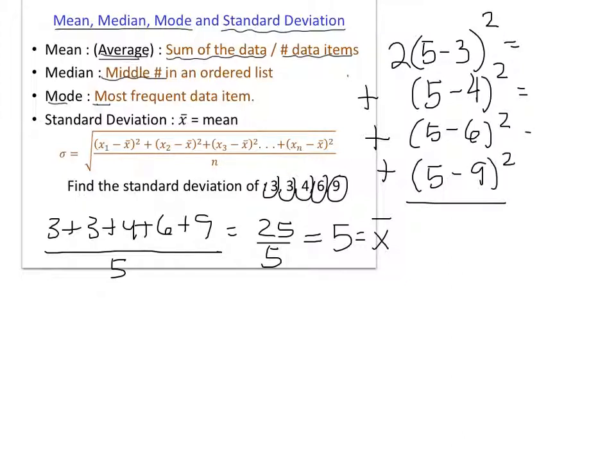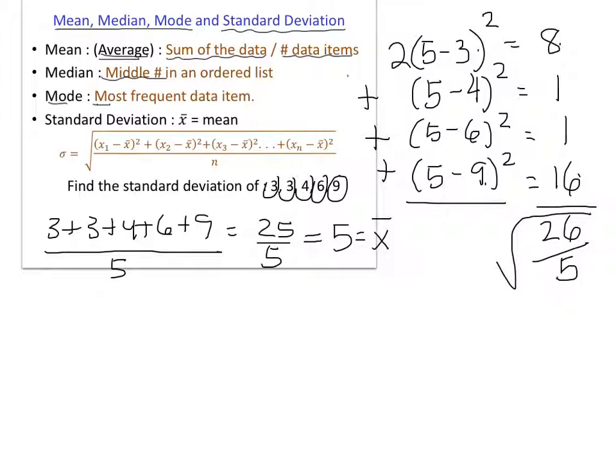So looking at the result, I have 2 squared is 4. 4 times 2 is 8. 1 squared is 1. 1 squared is 1. 4 squared is 16. And you add those numbers together. So I'm going to have 24, 25, 26. And 26 divided by 5.